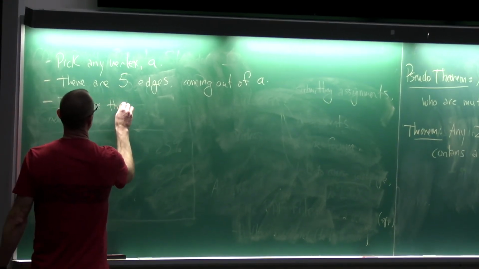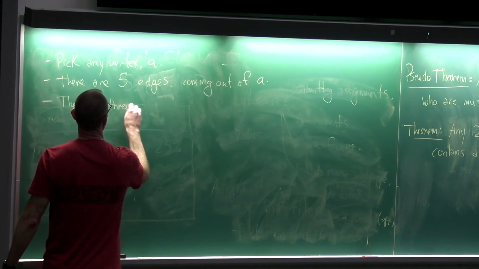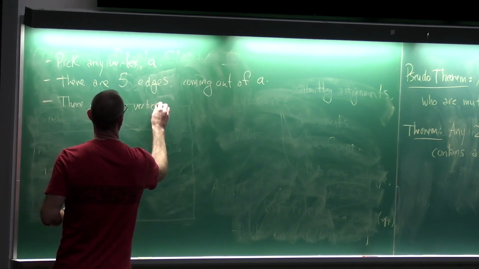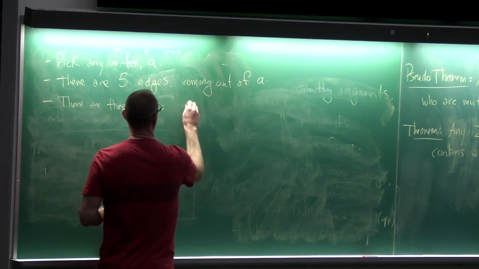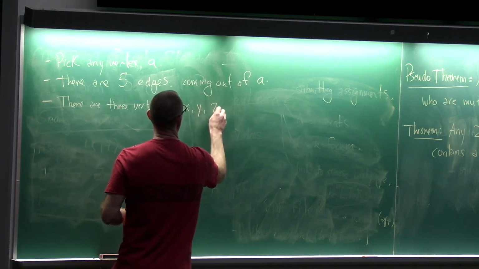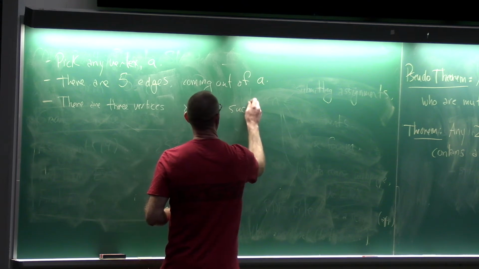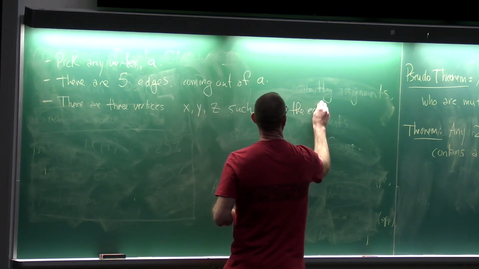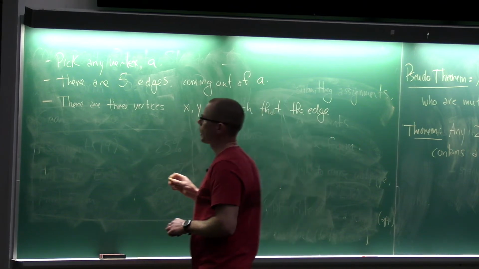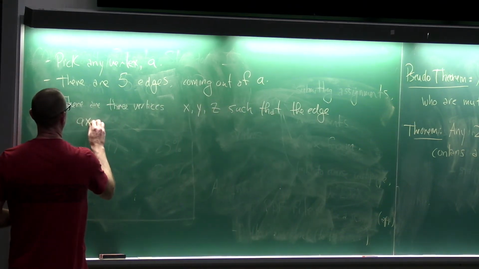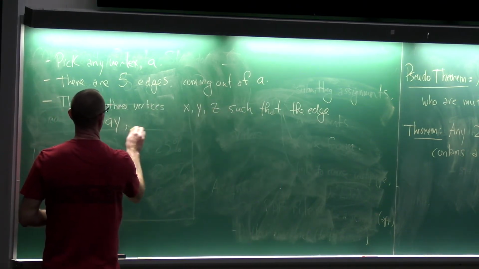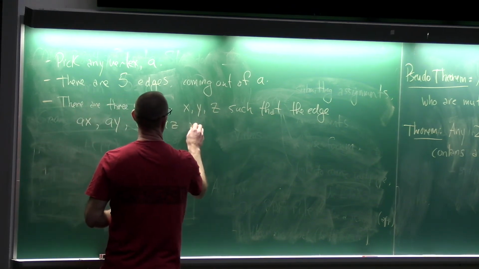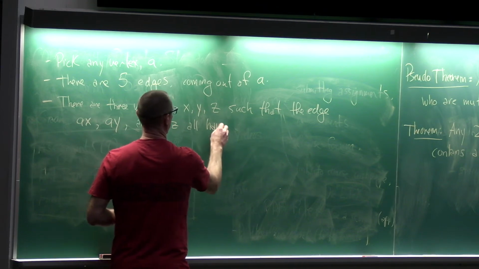There are 3 vertices X, Y, and Z such that the edges AX, AY, and AZ all have the same color.